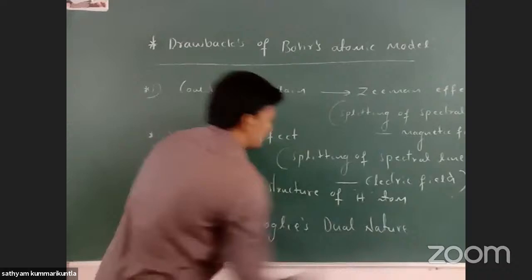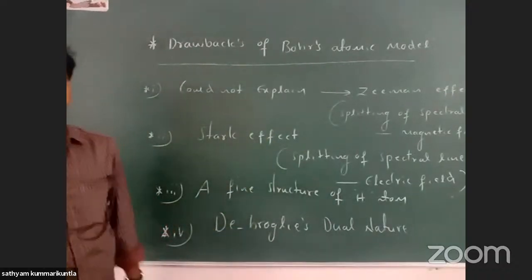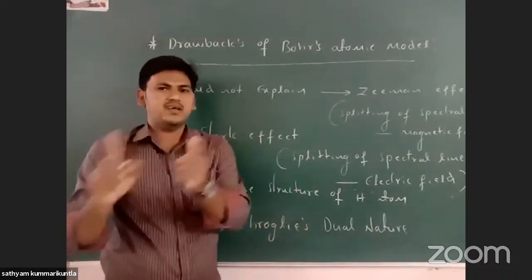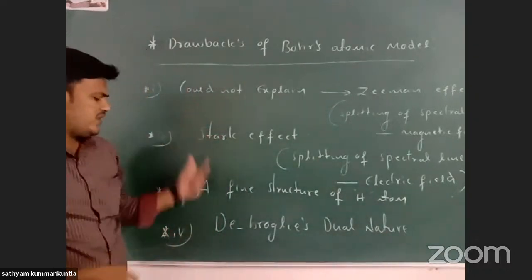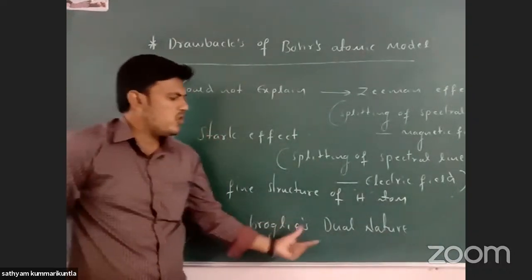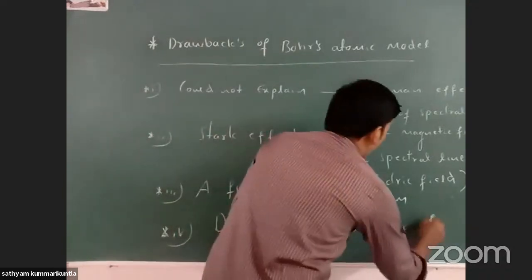Dual nature means particle nature and wave nature, two characters. So Bohr's atomic model could not explain the dual nature of the electron.